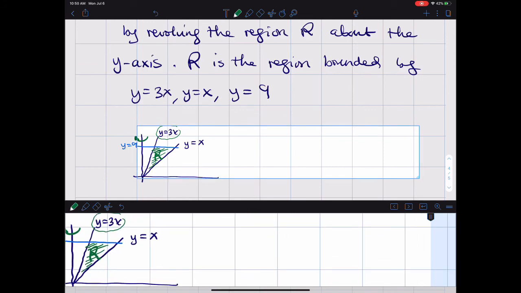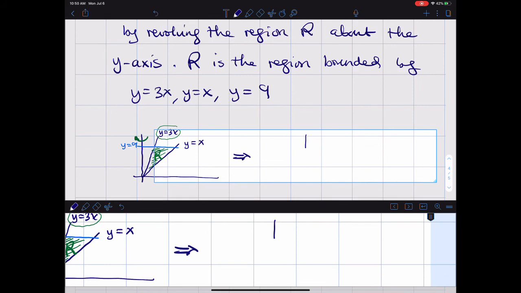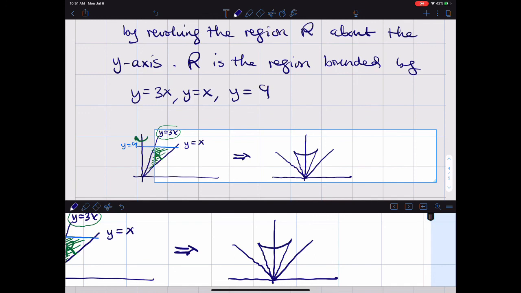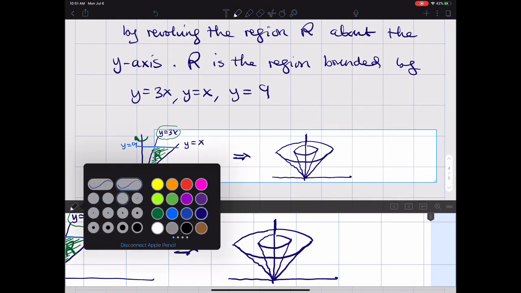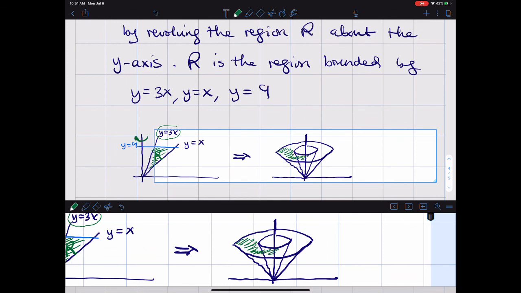So if you rotate, you end up with this. So this is all solid.